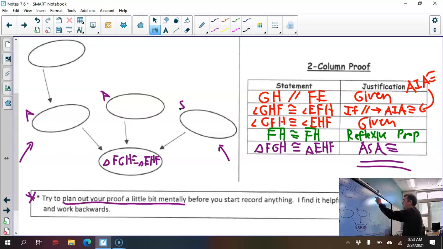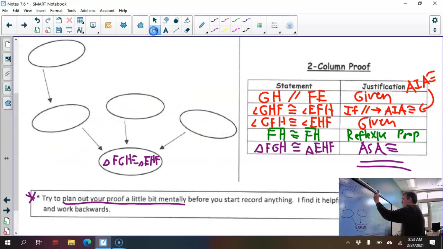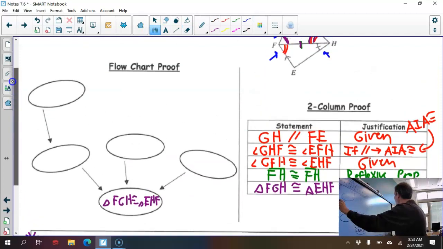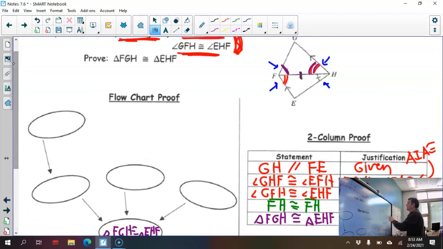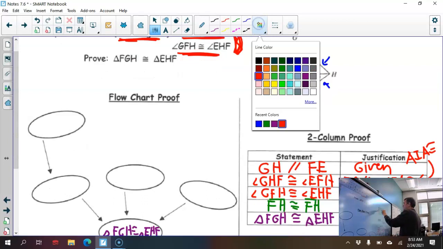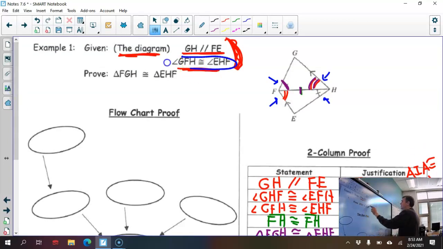All right, so can I prove that these triangles are congruent? Well, we've already done this. I just want to show you how to write it. So, of course, let's go back to red. In my diagram, it was given to me that these angles are congruent.